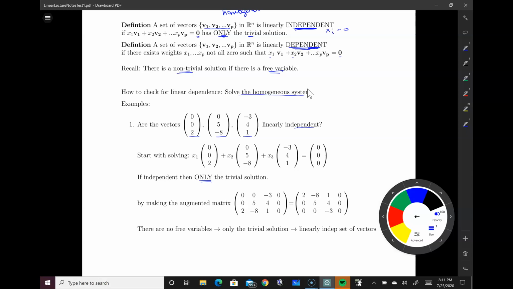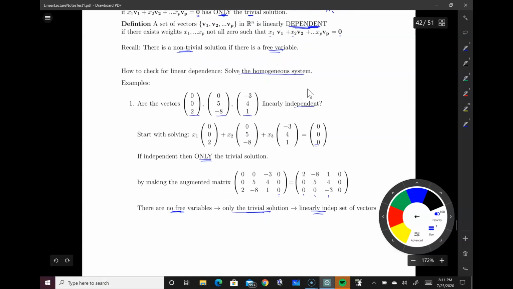So if I put them in this augmented matrix with the 0, and then if I can just switch the rows, I can see that I'm going to get no free variables, because it's x1, x2, x3. I'm going to have negative 3 x3 equaling 0. So that'll give me x3 equals 0, and back up the line. So there's only the trivial solution, so that means this set of vectors is linearly independent.